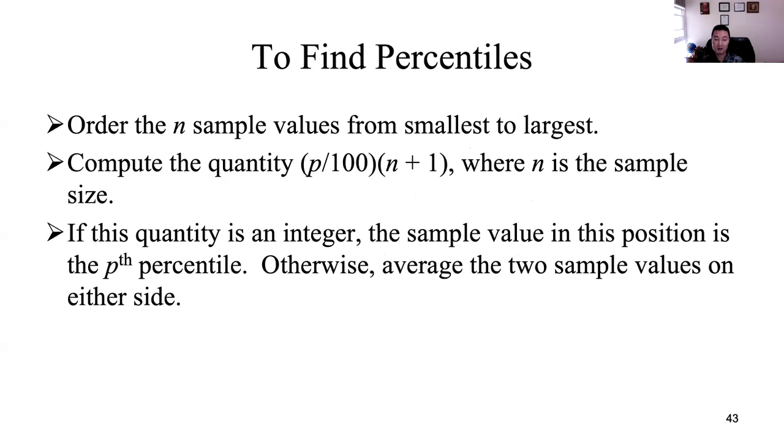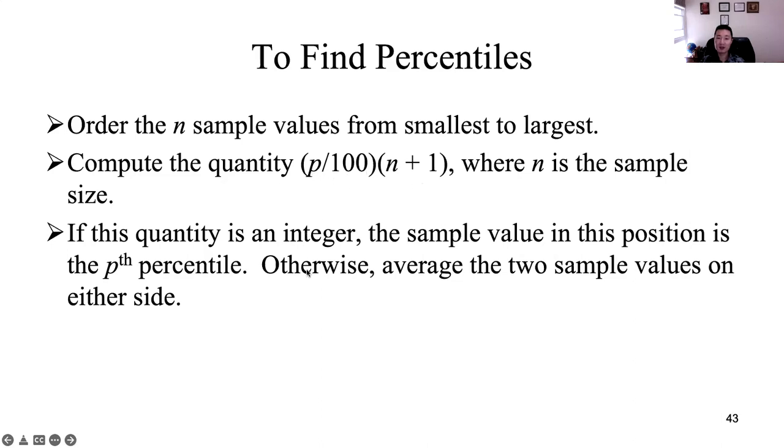First of all, of course, we need to arrange the n sample values from the smallest to the largest. And we calculate the value P over 100 times n plus 1. For the first quartile, we calculate 0.25 times n plus 1. For the median, we calculate 0.5 times n plus 1. For this percentile, we calculate this.